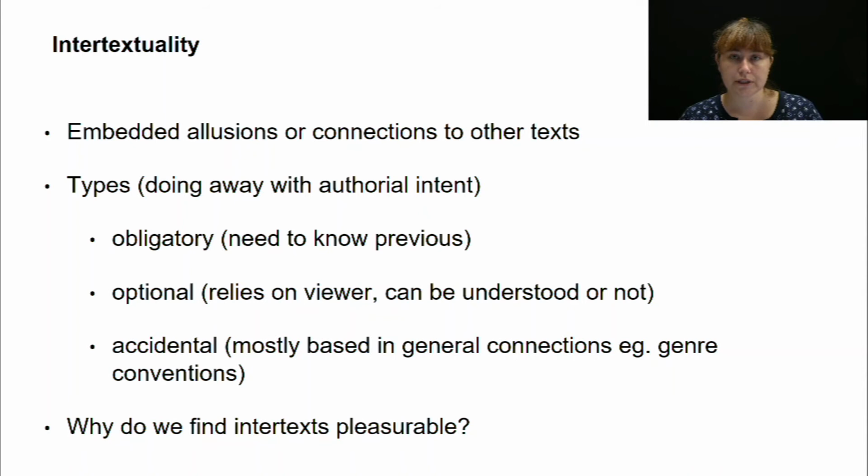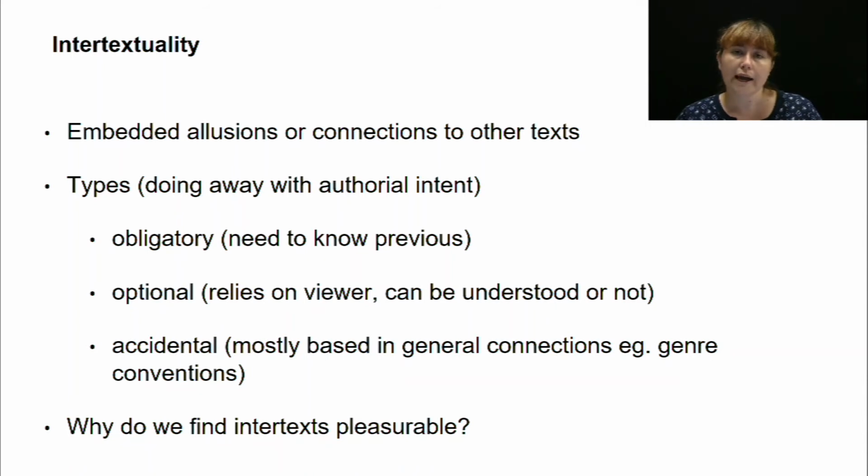There's optional intertextuality, and this relies on the viewer to identify, oh, that's a reference to so-and-so, but you can get just as much out of it if you do not get that reference. And then there's what's called accidental intertextuality, which are general connections, less explicit, less specific connections to other texts.